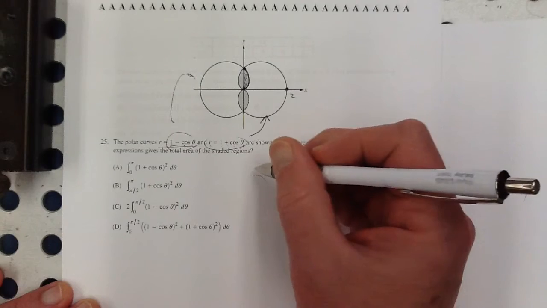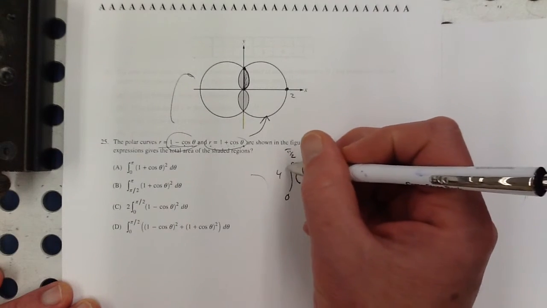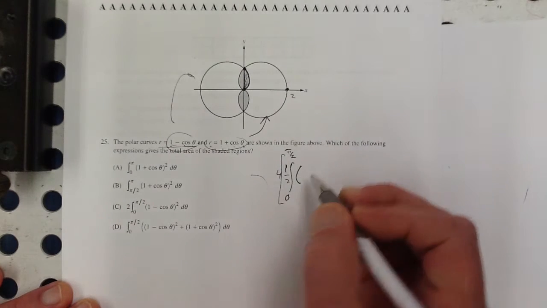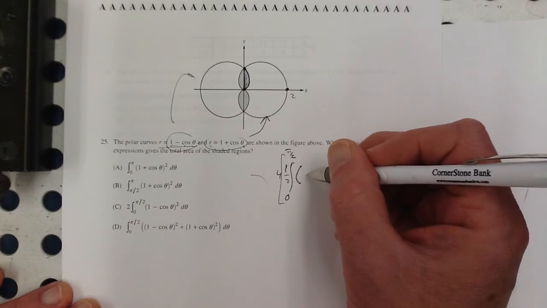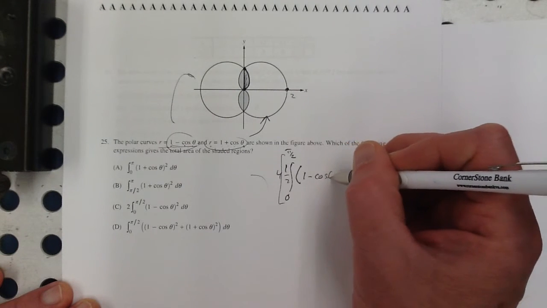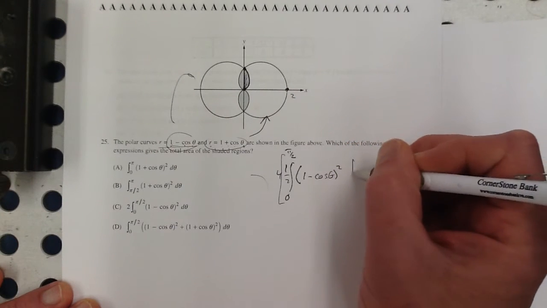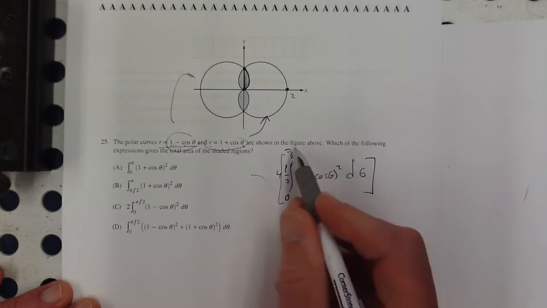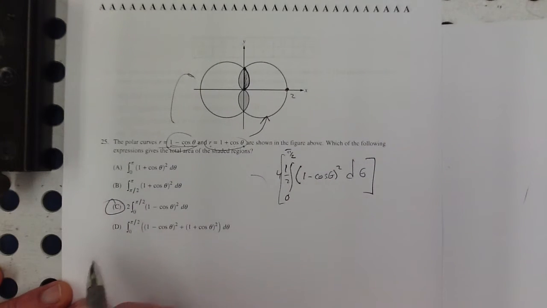So it's 1/2, remember polar area is 1/2 integral r squared d theta. So I think we hit it right on the head there.